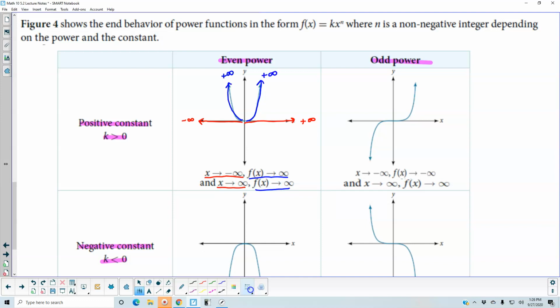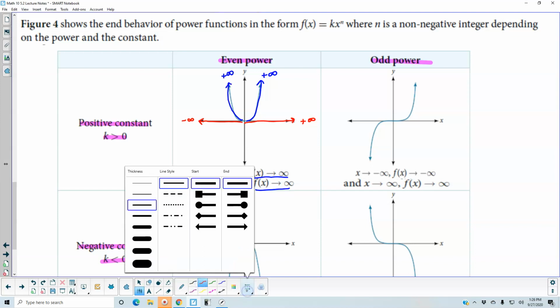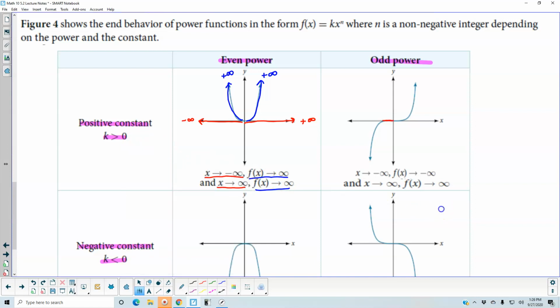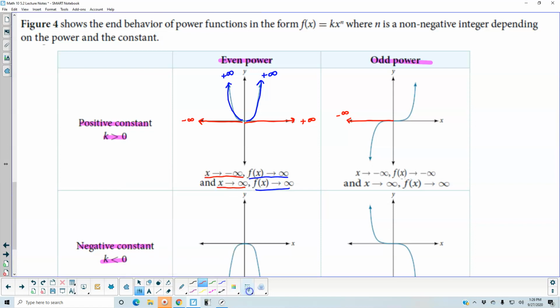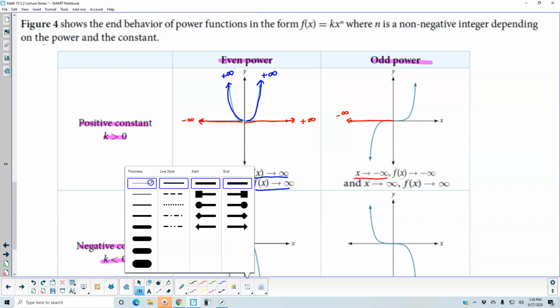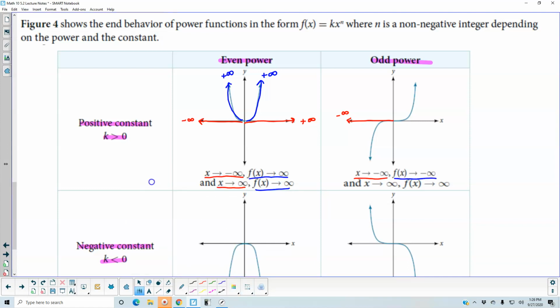Now, if we take a look at the right side, here we have an odd power and a positive constant where k is greater than 0. As x is approaching negative infinity on the left side of the graph, we can say that f of x is approaching negative infinity, which means that this graph is approaching negative infinity on the left side.